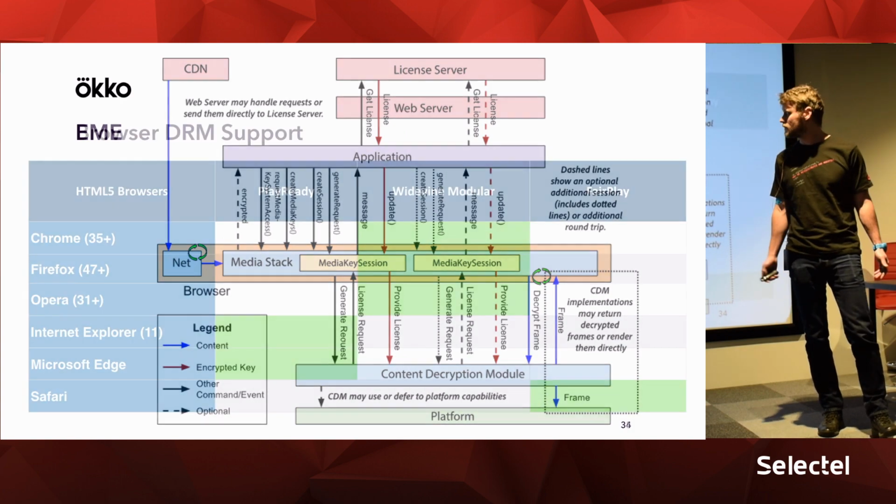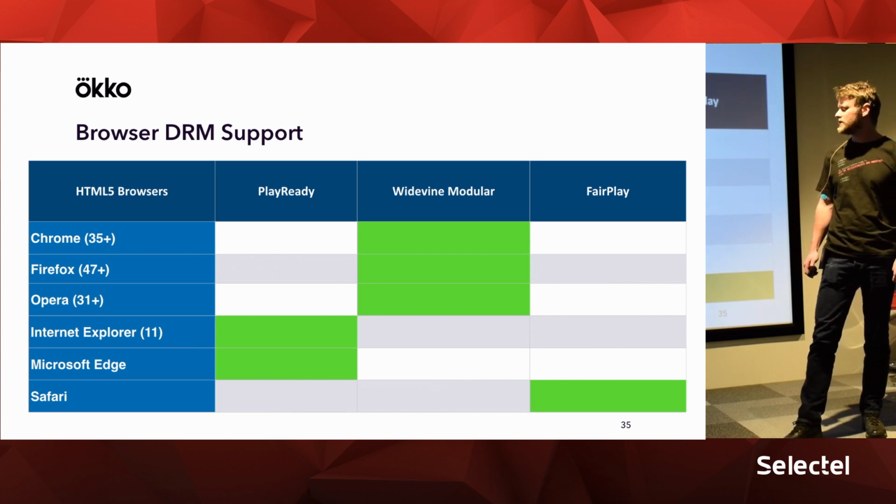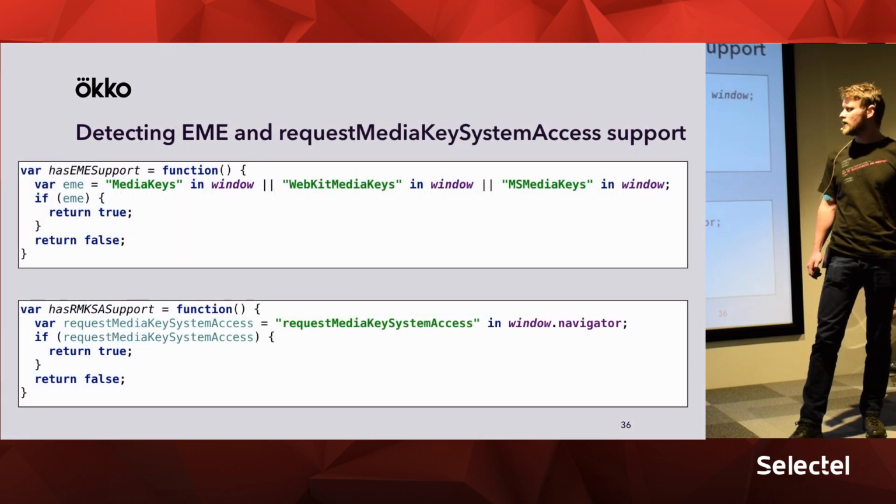So easy, you know. And in different browsers, there are different systems. So to support all the browsers, you have to implement several of them in your player. And how to do that? First of all, you should understand whether encrypted media extensions are supported at all, because if you have some old version of the browser, it's not there.